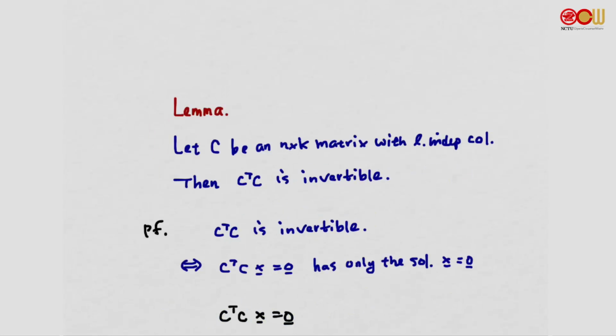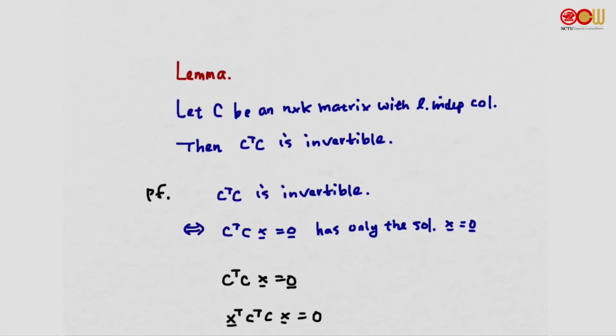So let's consider the homogeneous equation. Let's multiply both sides by x transpose. Then what do we have on the left-hand side? This is x transpose, C transpose, and Cx. The first part is exactly the transpose of the second part.